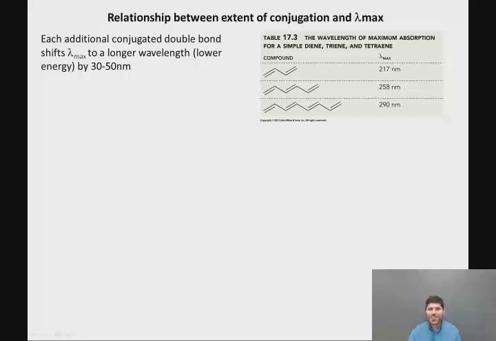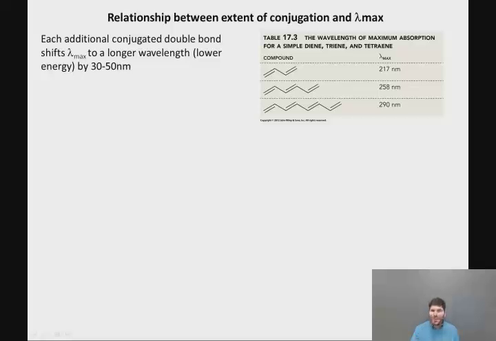Each additional conjugated double bond shifts the lambda max to a longer wavelength, by 30 to 50 nanometers. Remember, longer wavelength corresponds to lower energy. If you look at the data in this table, 1,3-butadiene, as we've already discussed, absorbs light with a maximum at 217 nanometers.